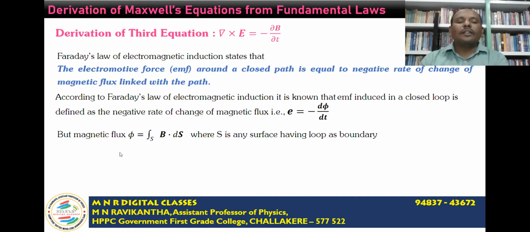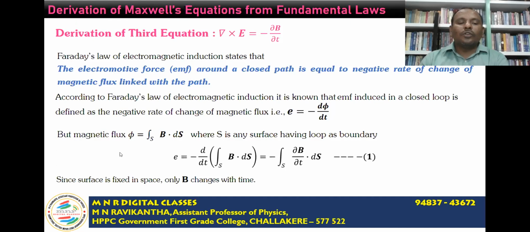But we know that the magnetic flux phi is given by the surface integral of B bar dot ds bar, where S is any surface having the loop as boundary. So using this expression for flux in the above equation, we get E is equal to minus d by dt of the surface integral of B bar dot ds bar.